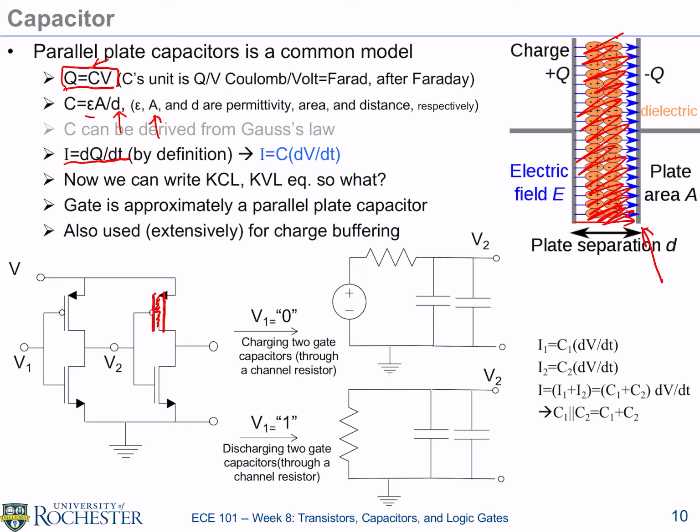Unit time charge change. Put in a different way, if Q is CV and C is a constant, then you can take C out of the differential, and you get I equals C times dV dt. So now you're setting up an equation that is no longer a linear equation, it's a differential equation.